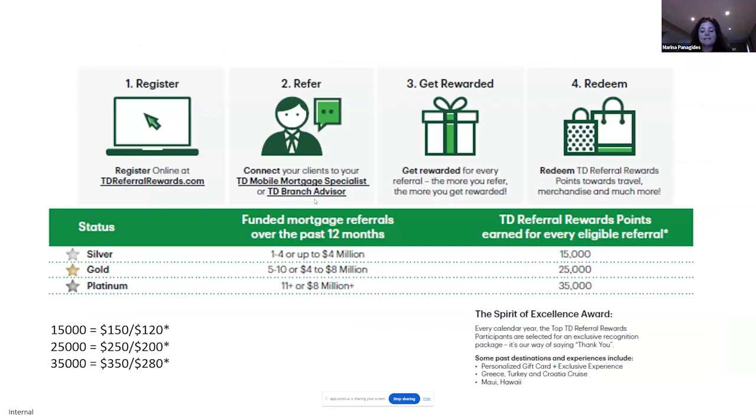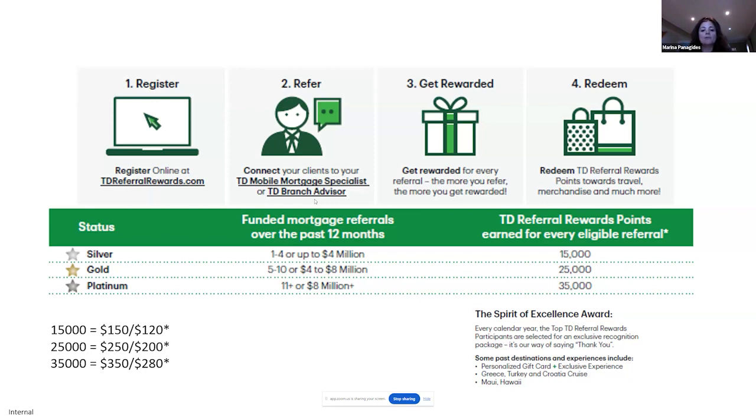It's a tiered system, and we're passionate about supporting our customers and helping them achieve their homeownership goals. For every eligible TD Mortgage or TD Home Equity FlexLine referral that funds, you will earn TD Referral Reward points. Everyone starts off in the silver status.